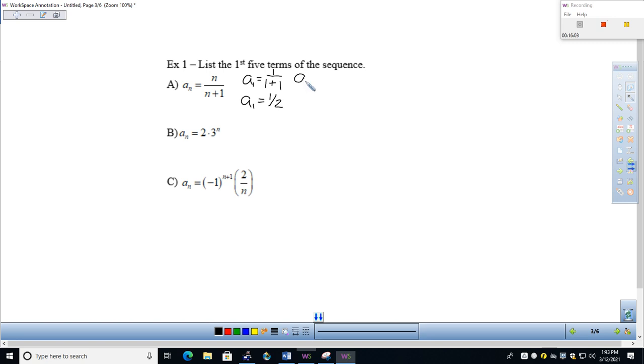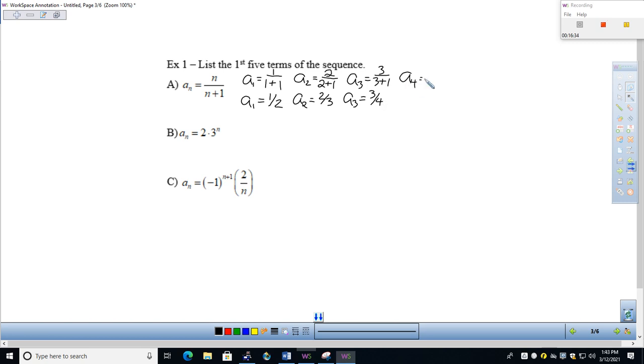A sub 2, that would be the value of the second term. And so again, don't overthink it too much. You're just putting the input in for the variable and deriving the value. In this case, a sub 2 is 2/3. And I'll go through these now a little faster. A sub 3 is 3/4.